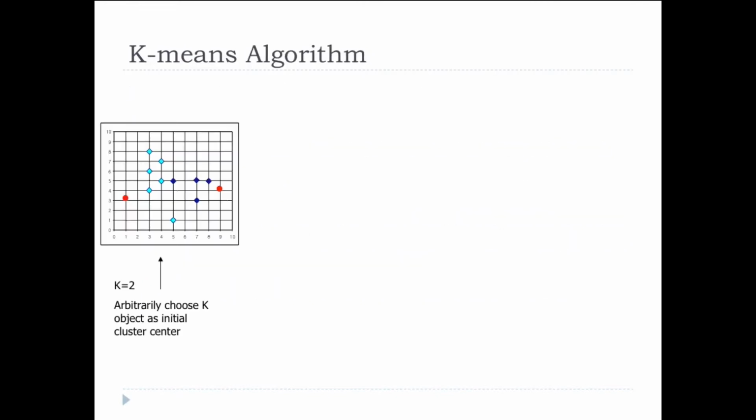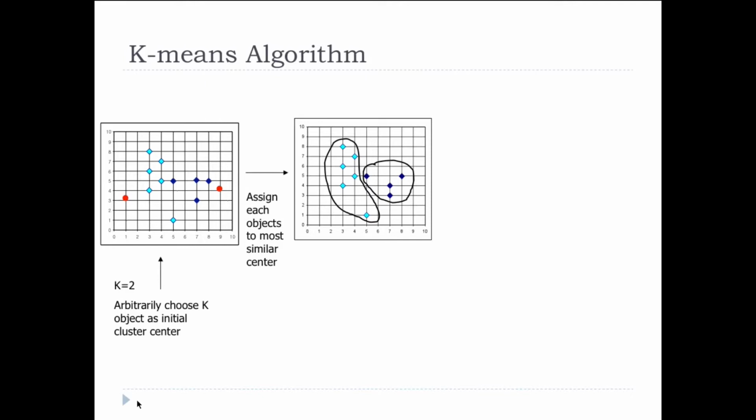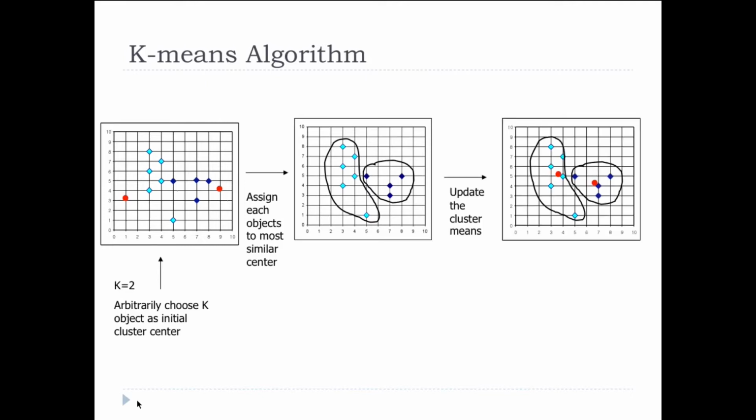What does this look like in practice? We're going to arbitrarily choose these 2 red dots as the initial cluster centers. We're going to assign the objects to the closest cluster, or the closest centroid. Okay. We're going to update the cluster centroids.